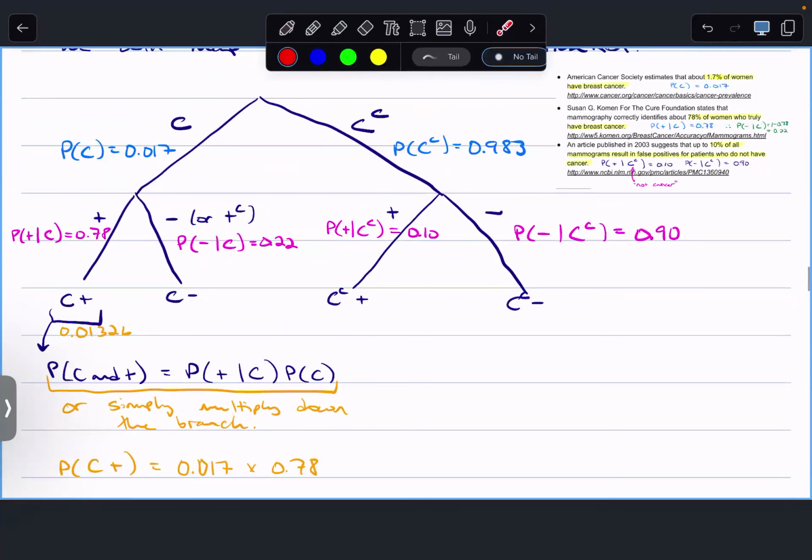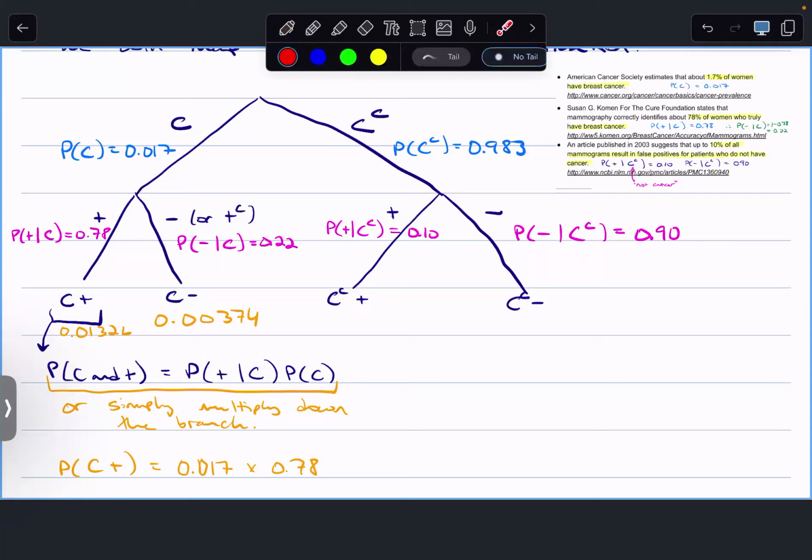What's the probability of a patient having cancer and testing negative? 0.017 times 0.22. So 0.017 times 0.22 puts me at 0.00374. Now it gives me scientific notation. So 1, 2, 3. Okay, good.